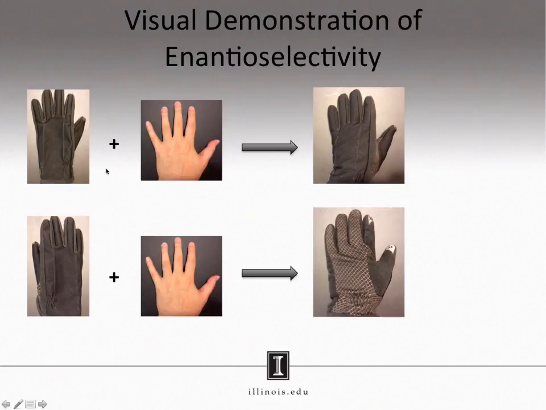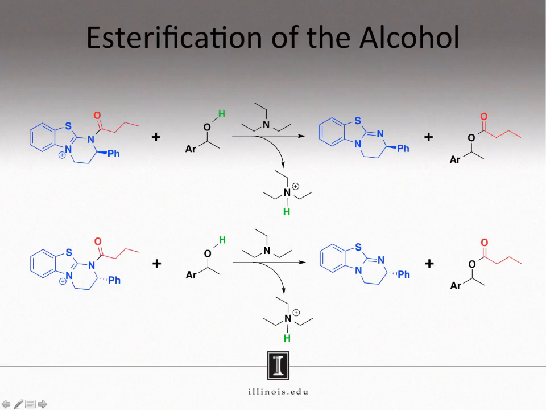This top situation is a matched case. The enantiomer of my hand matches the enantiomer of the glove. The bottom is what we might call a mismatched case, where the enantiomer of my hand does not match the enantiomer of my glove.